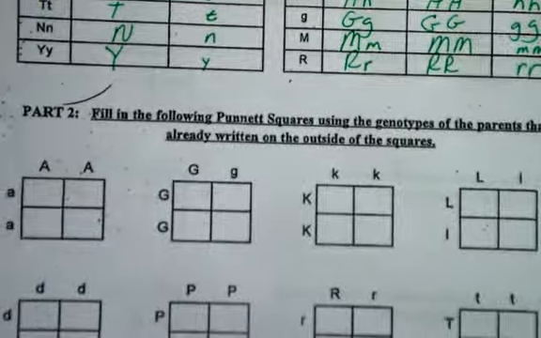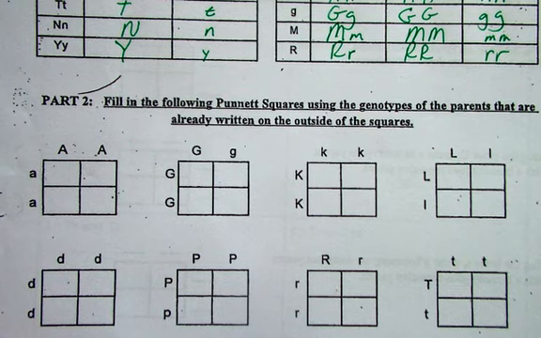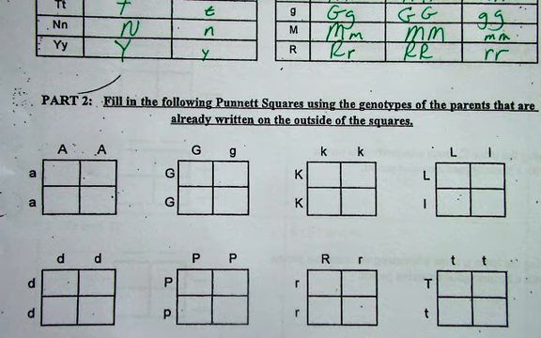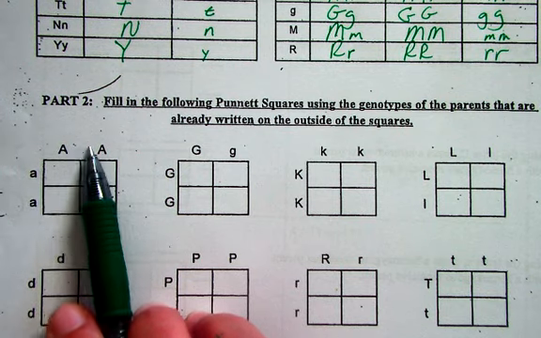So if you move up in your paper, we've got these boxes. They are called Punnett squares. And all Punnett squares do is they tell us the likelihood of what the offspring would look like or what kind of genotype they would have. Like for instance, the two letters up here, this genotype, this would be like the male parent.